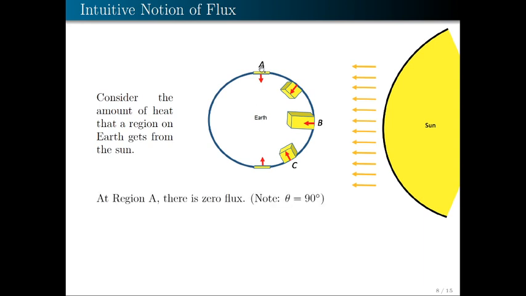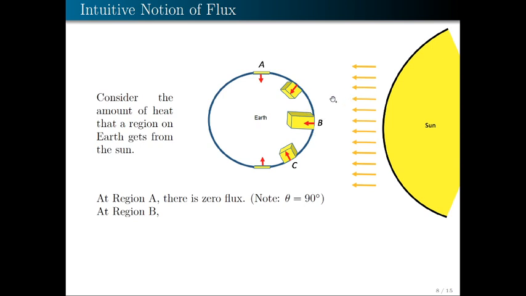So at region A, the normal vectors point downwards, whereas the force is horizontal. So the normal and the force have a theta of 90 degrees, and it makes zero flux across A.